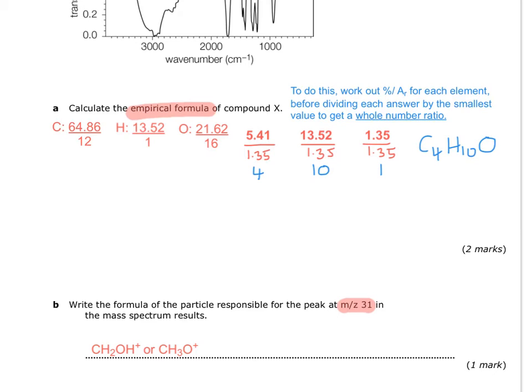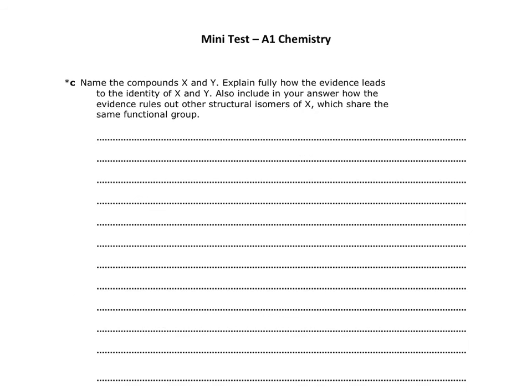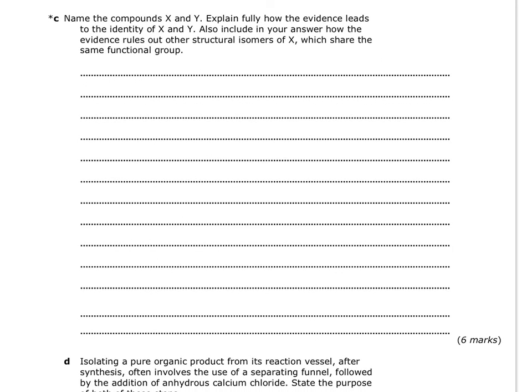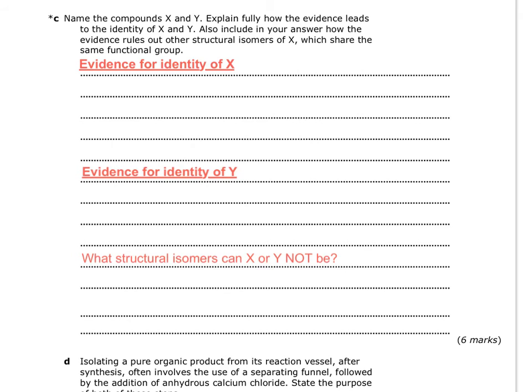Okay, so the next part of the question asks us to name the compounds X and Y, explaining fully how the evidence leads to the identity of X and Y. So before I even start writing anything down, I need to think to myself, what does the question actually want me to do? You want to know the identity of X, the identity of Y, explain fully.